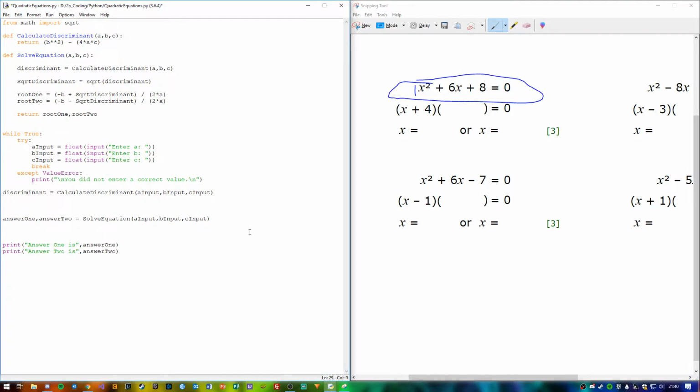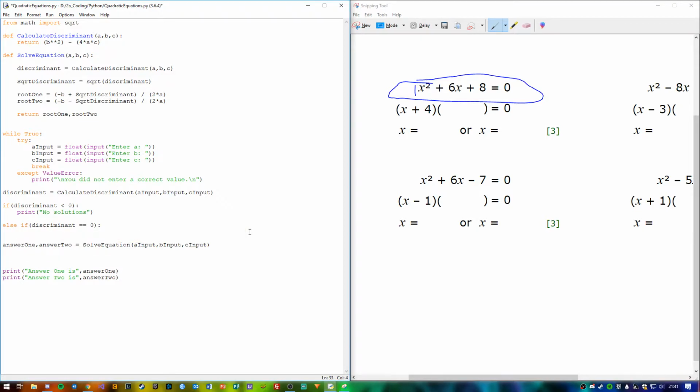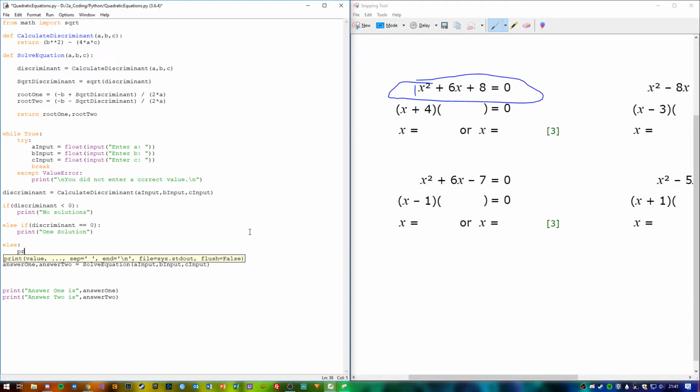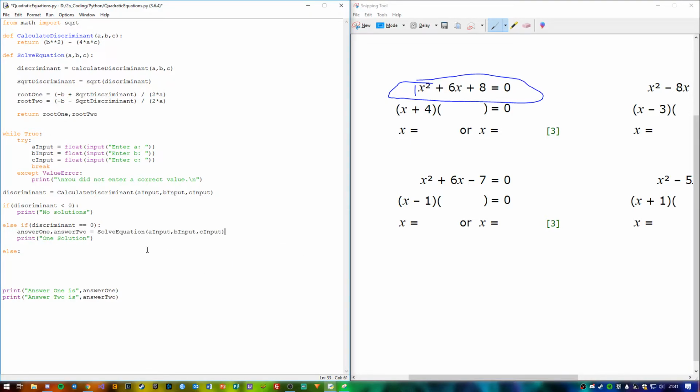And then, if the discriminant is less than 0, there will be no solutions, so we're going to print no solutions. Else, if it's equal to 0, we're going to print one solution. Otherwise, we're going to run this piece of code here. In both cases, we want to run the solve equation function that we defined up there.